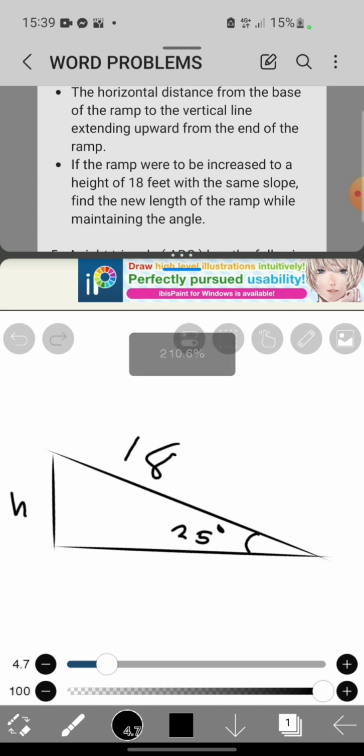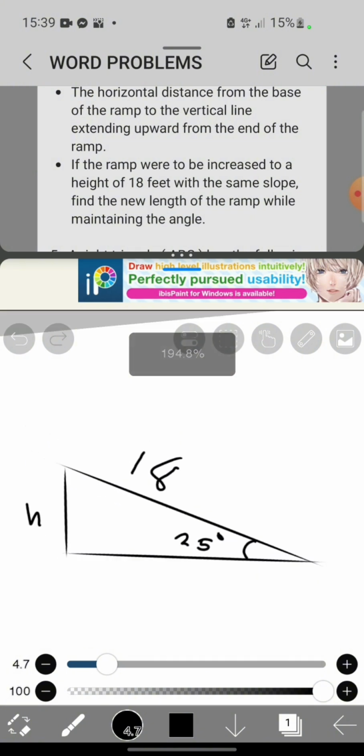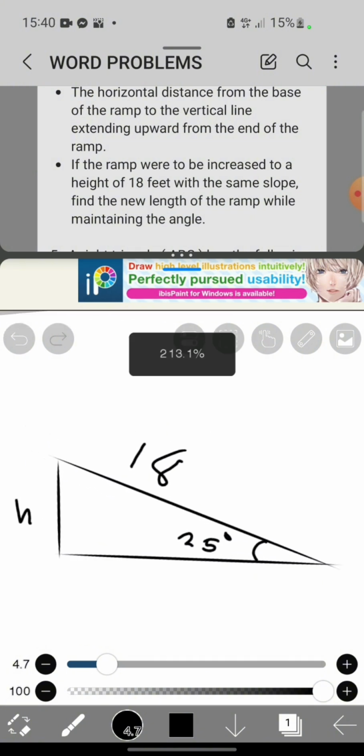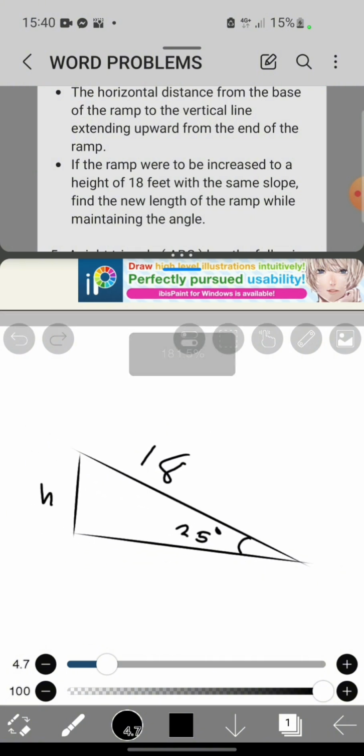The formula we use is the same as before.